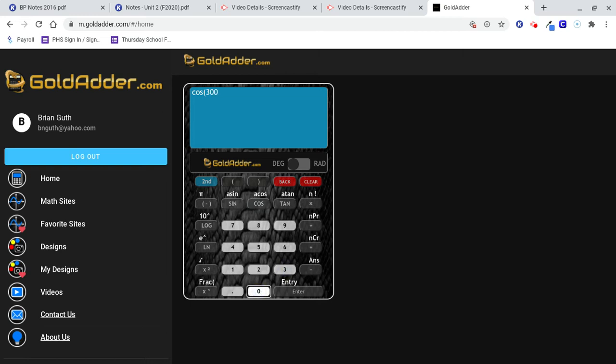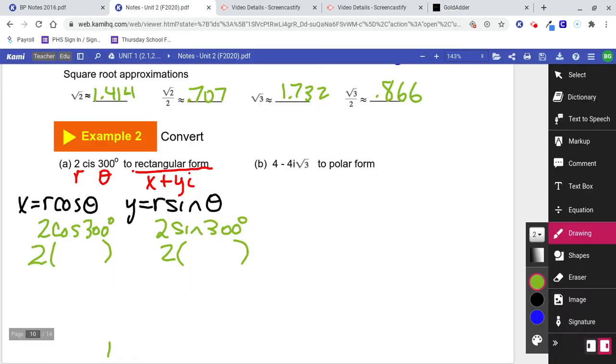You would type in cosine 300. Cosine 300 gives you 0.5. If you don't have 0.5, that means you're in the wrong mode. Get a calculator now so you can practice. Cosine 300 is 0.5. I'm going to say that's 1/2. It'd probably be better for you to use fractions. So 0.5, 1/2 right there.